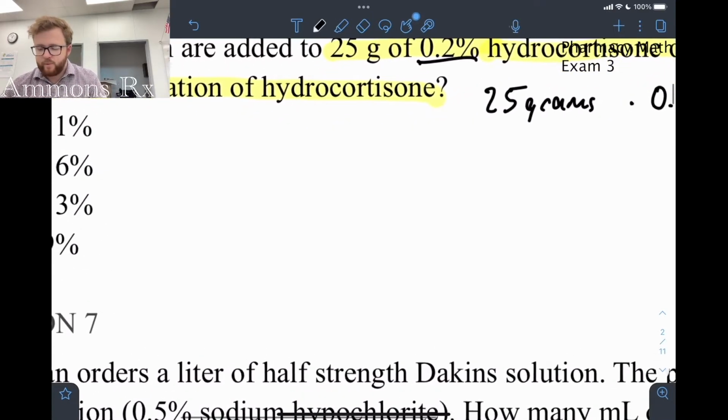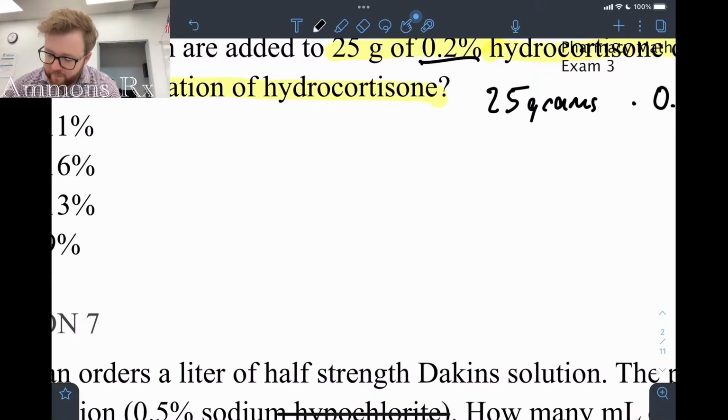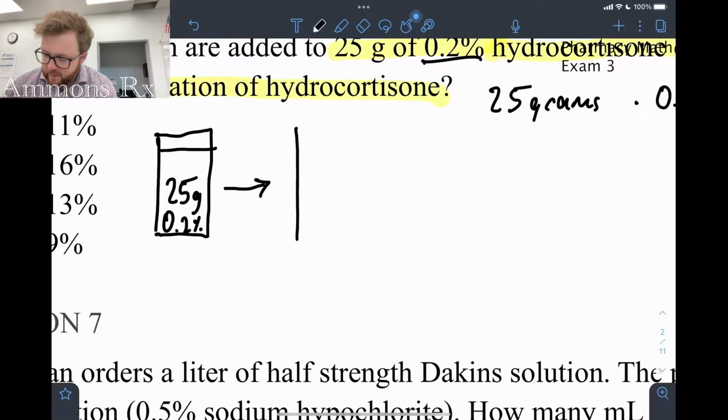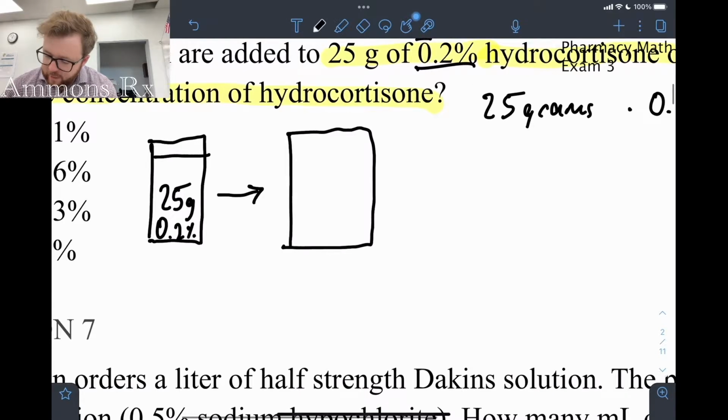So in this instance, we are having a cream. We have our original cream, which was 25 grams of 0.2%. We're turning that into something with this other ingredient, petrolatum. So we have our 25 grams still in there. We didn't take that out.